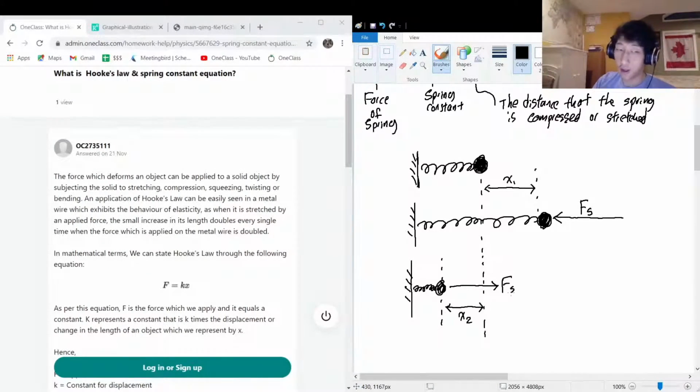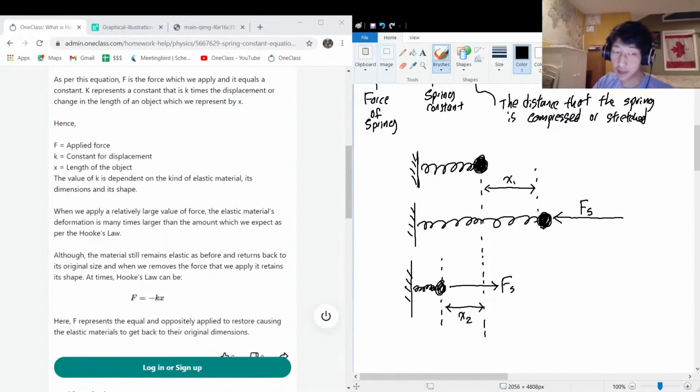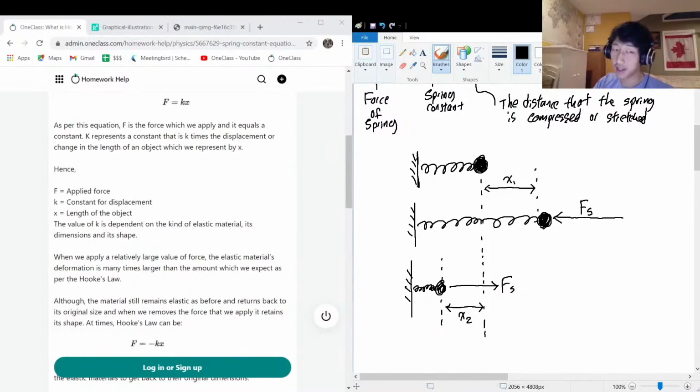Okay, so sometimes you'll write Hooke's law as a negative kx or positive kx. It's very confusing how sometimes you can see it written either way, but it's good to draw out a diagram and then you can know, because it depends on how you define your directions. So if we say forces towards the right are positive, we'd want to set up our arrows.